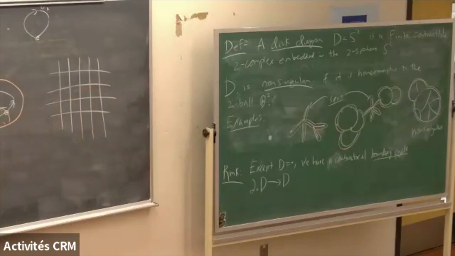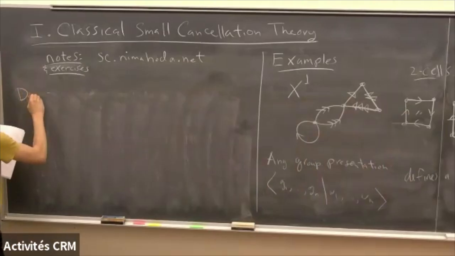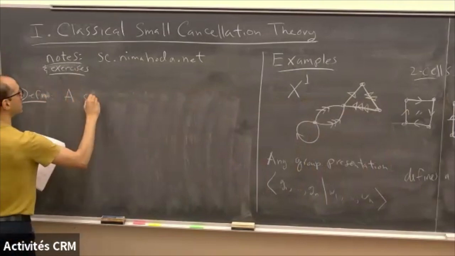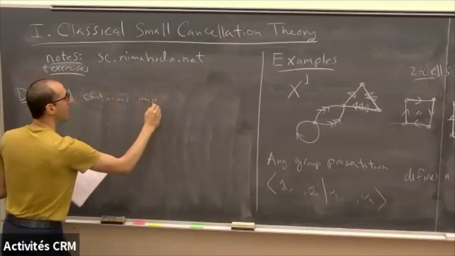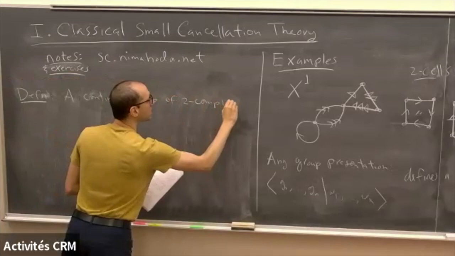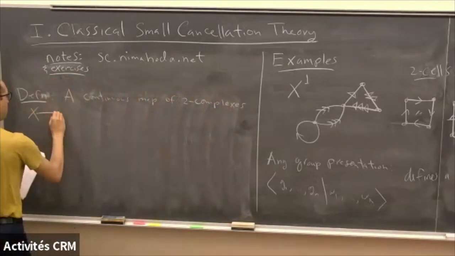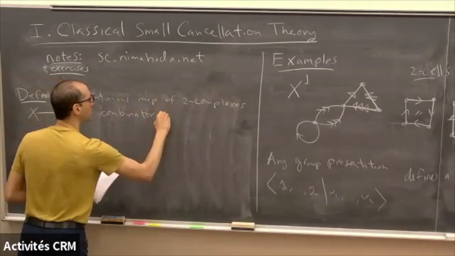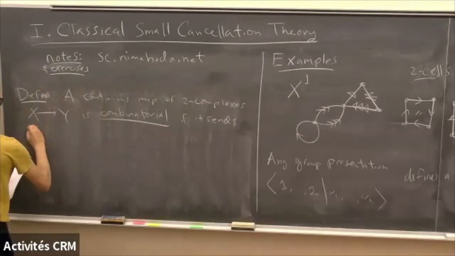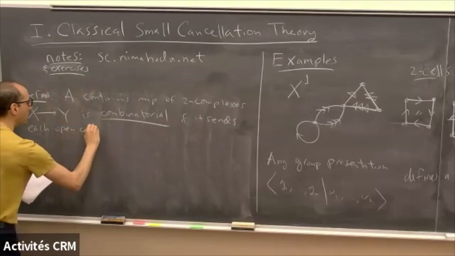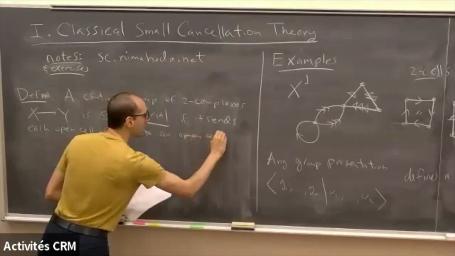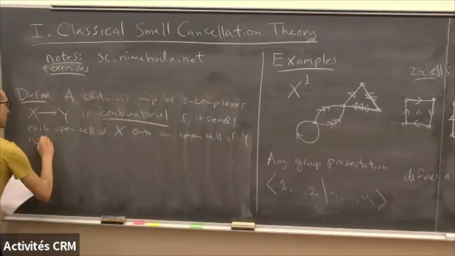Questions about disk diagrams? These are sometimes called Van Kampen diagrams. Okay. Well, I mentioned combinatorial maps before, but I didn't define them in general. So let me do that now. A continuous map of two complexes, say X to Y, is combinatorial if it sends each open cell of X onto an open cell of Y homeomorphically.